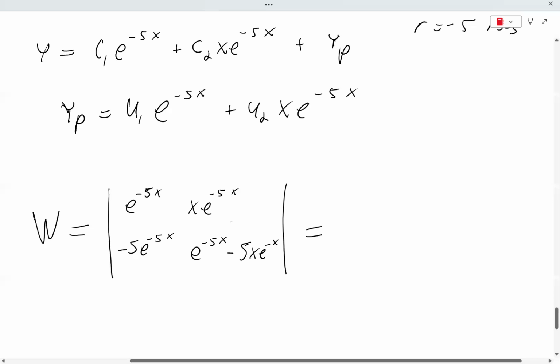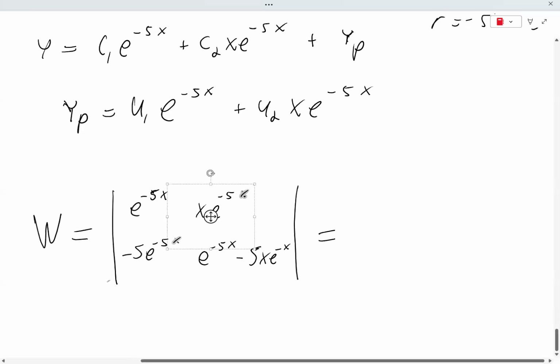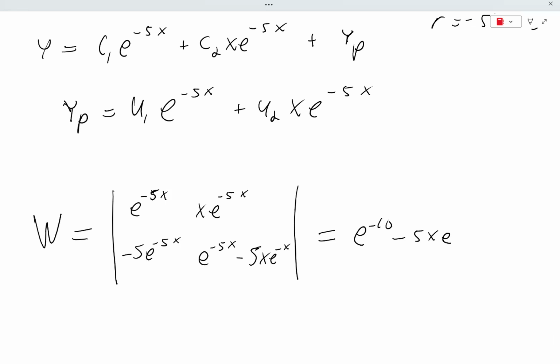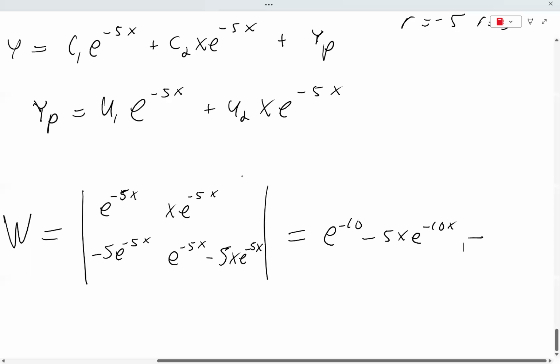But anyway, now you do your crisscross thing here for the determinant. And then that'd be what? E to negative 10x, because you add your exponents, and then minus 5x e to the negative 10x. So now I'm multiplying these. So it's e to the negative 10x minus 5x e to the negative 10x. Okay, and then minus, now you do this one here.